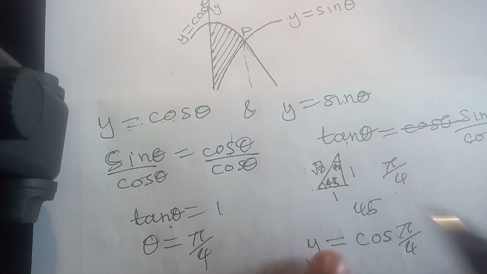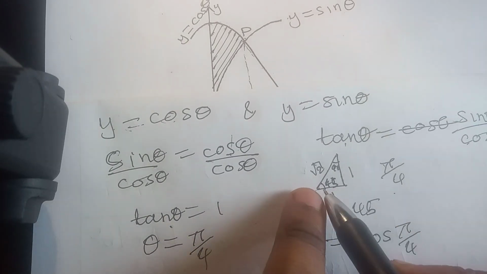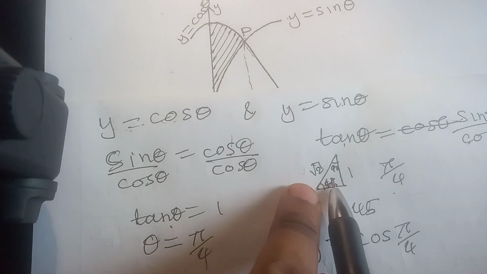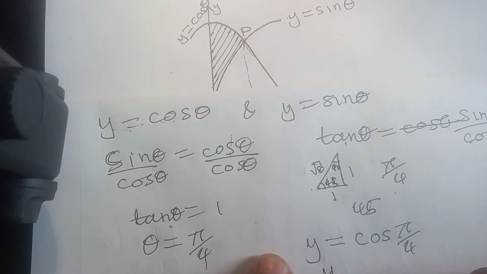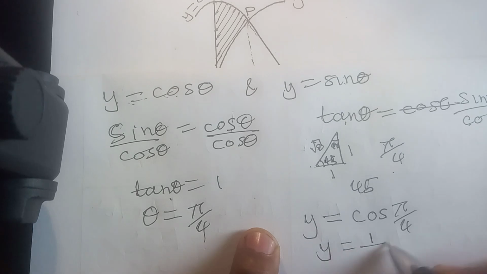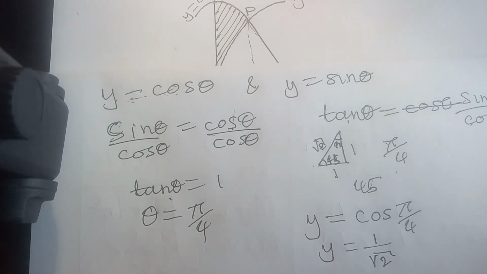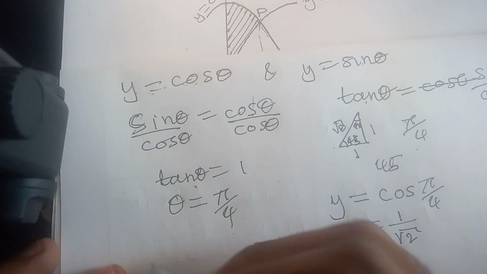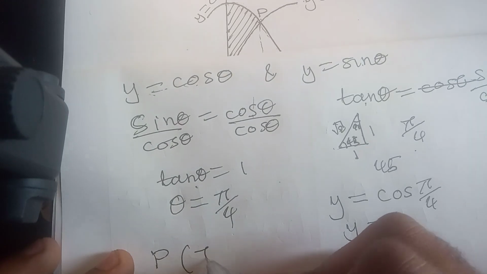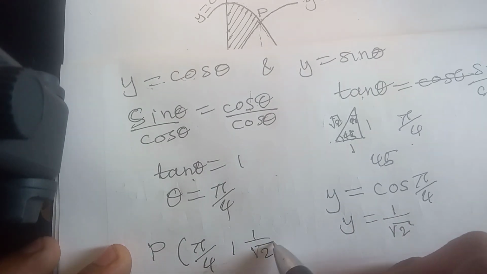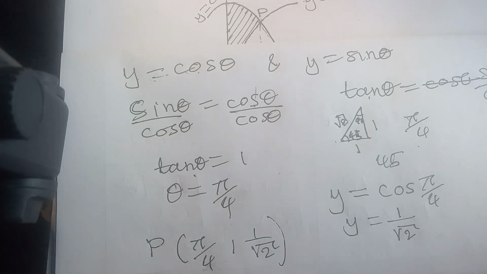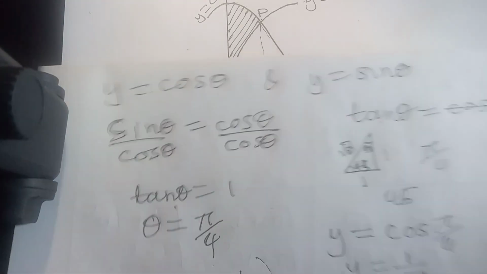So when I use this triangle, I can see that cos theta here, which is 45, is 1 over the square root of 2. So the coordinates for P are pi over 4, 1 over the square root of 2. With this, you don't need too much calculator work.